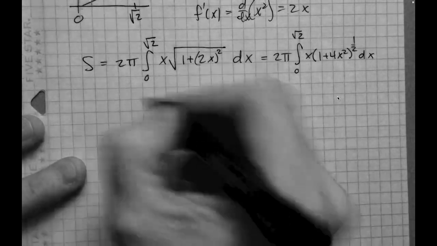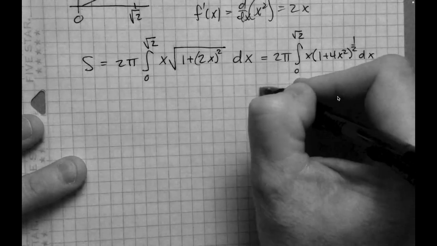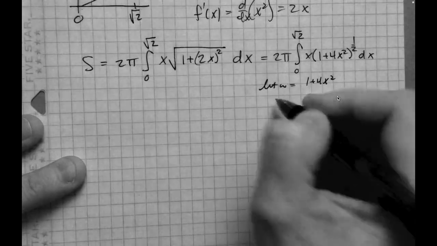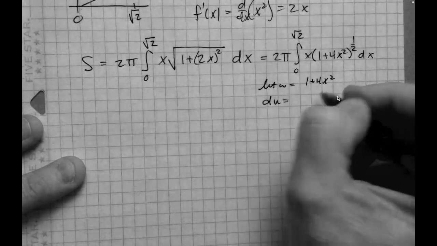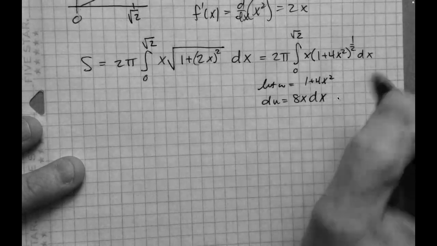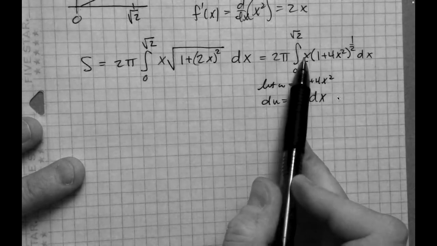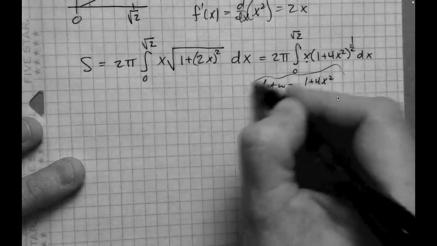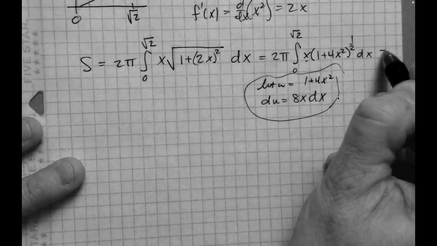Let's go ahead and do the u substitution. So we'll let u equal 1 plus 4x squared. Then du is equal to 8x dx. Okay, so we don't have the 8 here, but we have the x, and so that's not a problem. We can just multiply and divide by 8.